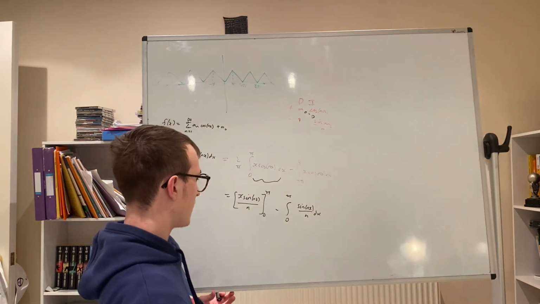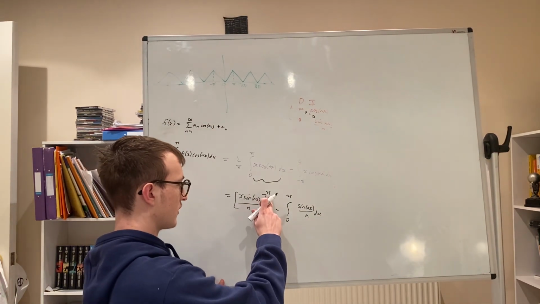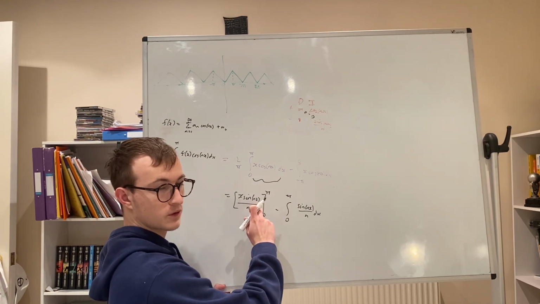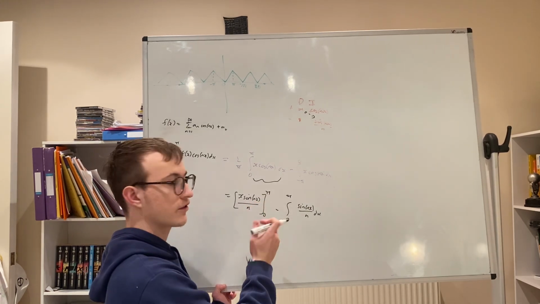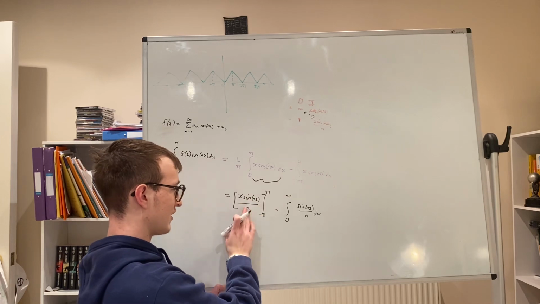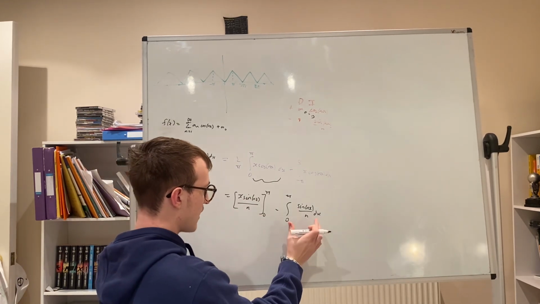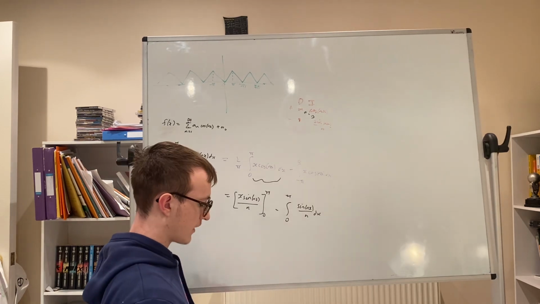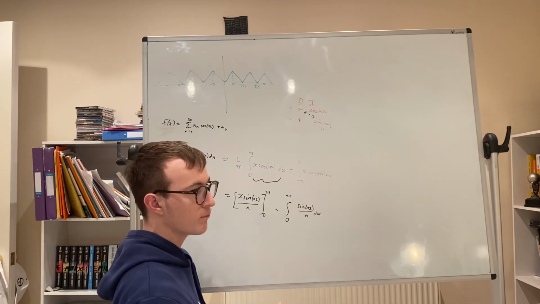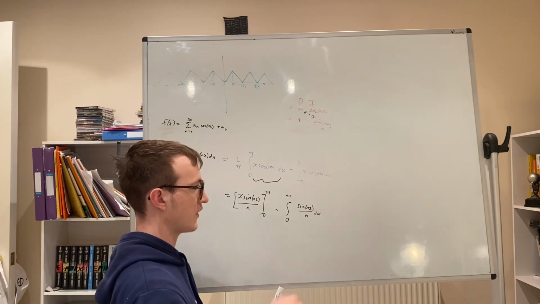Now, because sine of an integer multiple of pi is always 0, this expression here is always going to be 0, so we don't care about it. The integral of sine of nx is just minus cosine of nx over n.